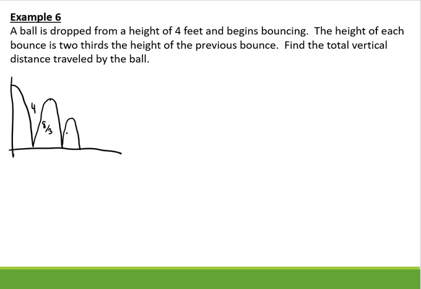So our first distance that we traveled was 4, traveled 4 down. Our next distance, we traveled 4 times 2/3 up plus 4 times 2/3 down, and that becomes 8 times 2/3.